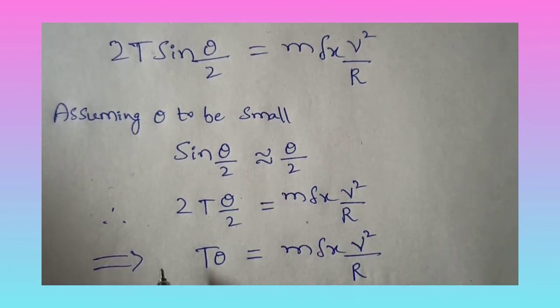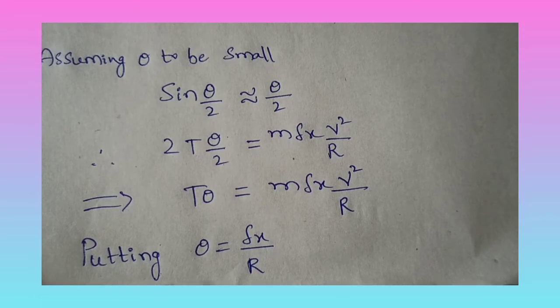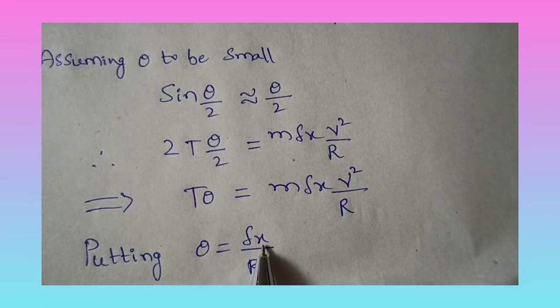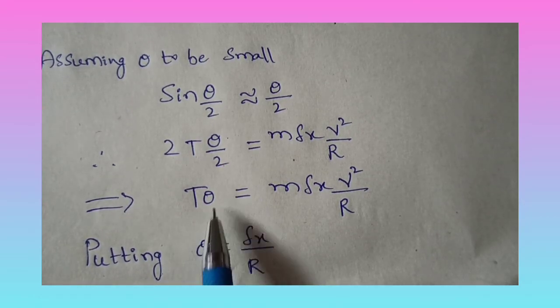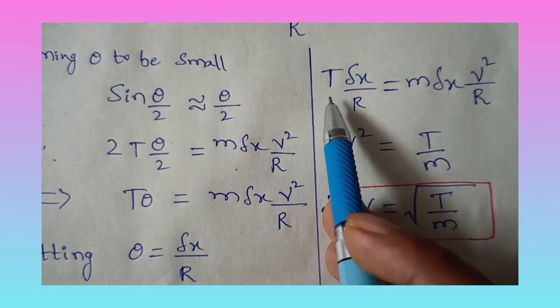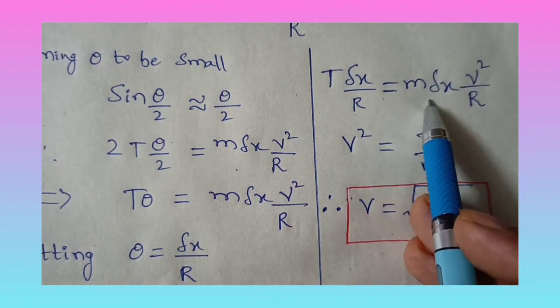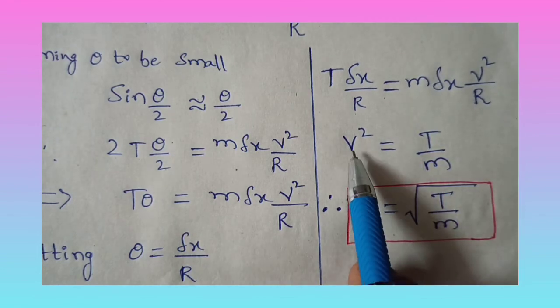Now the 2 gets cancelled. What remains is T theta, so T theta is equal to m delta x v square by r. Now, putting theta equals delta x by r in this equation, we get T delta x by r equals m delta x v square by r.